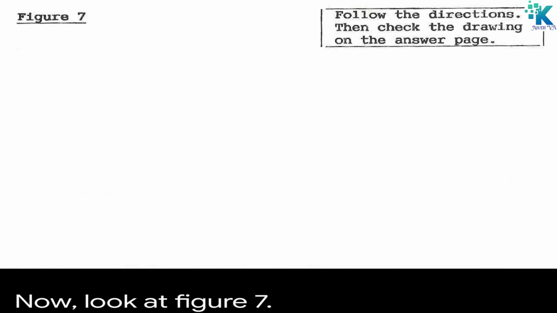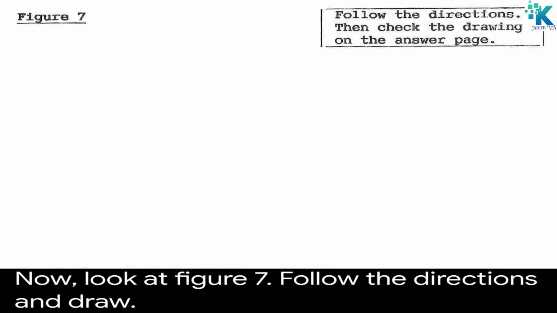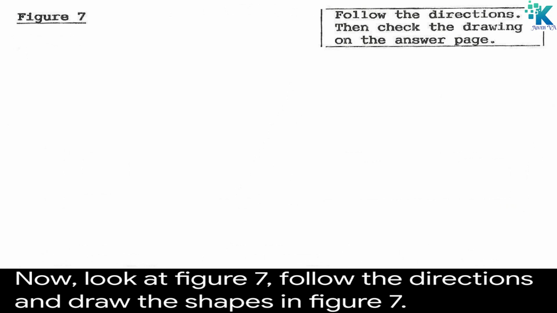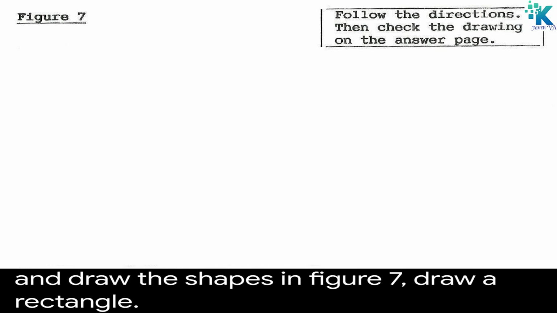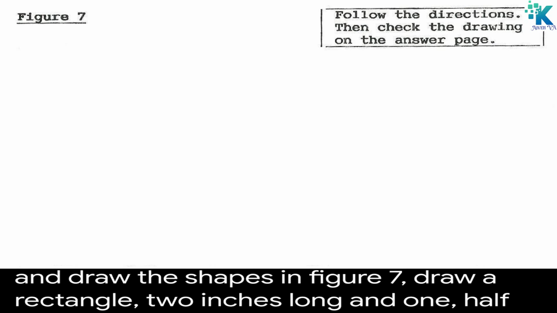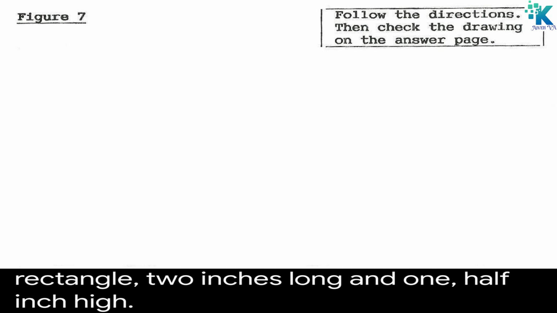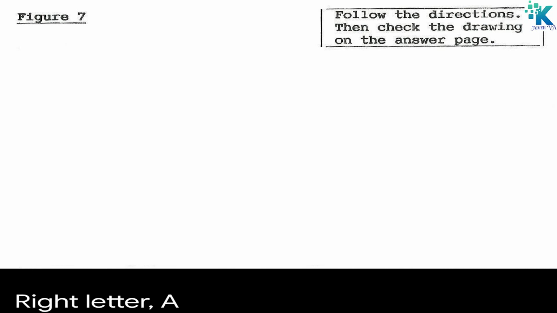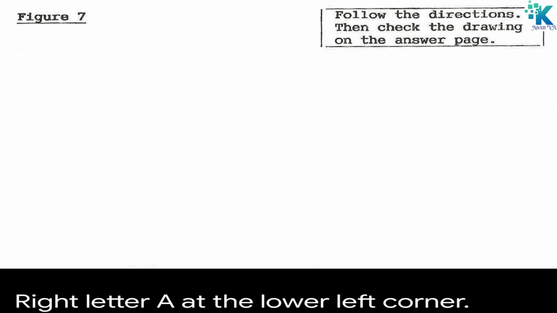Now look at Figure 7. Follow the directions and draw the shapes in Figure 7. Draw a rectangle 2 inches long and 1/2 inch high. Write letter A at the lower left corner.